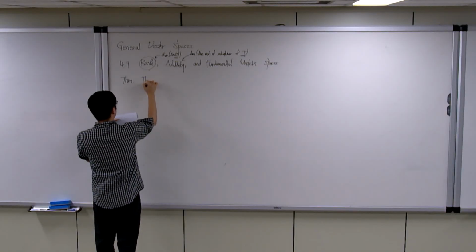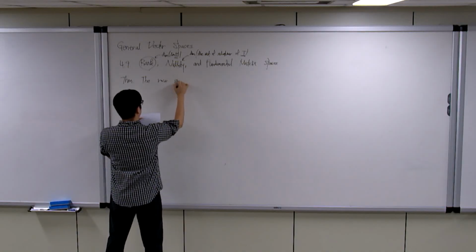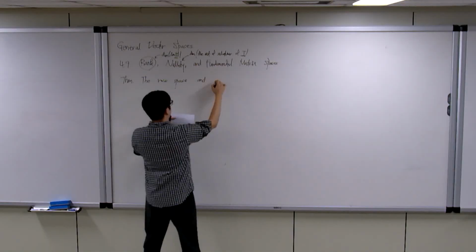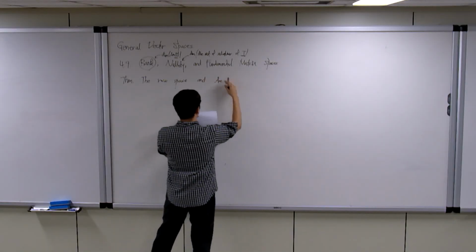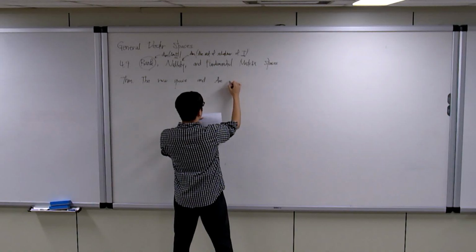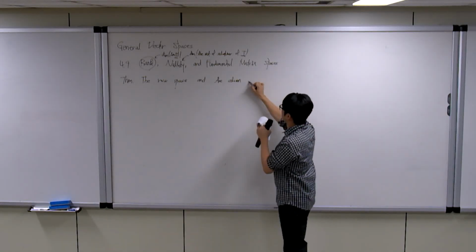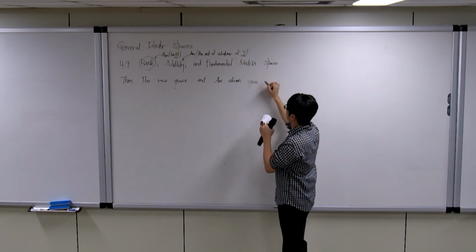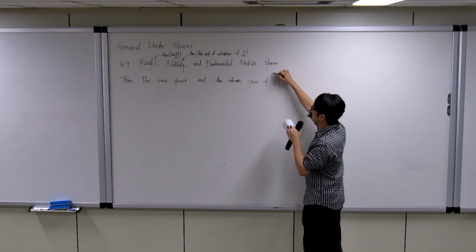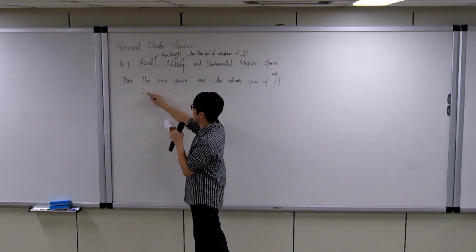So the first theorem is: the row space and the column space of a matrix A have the same dimension.